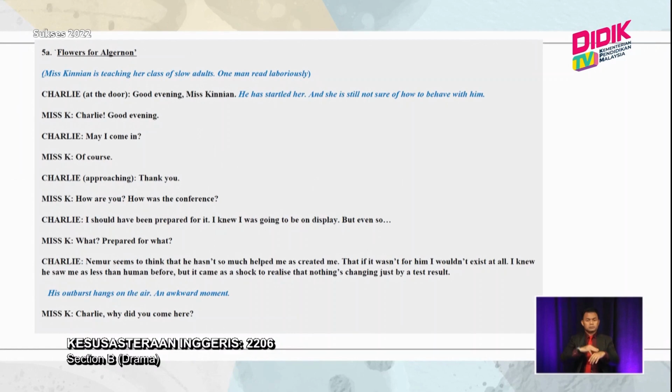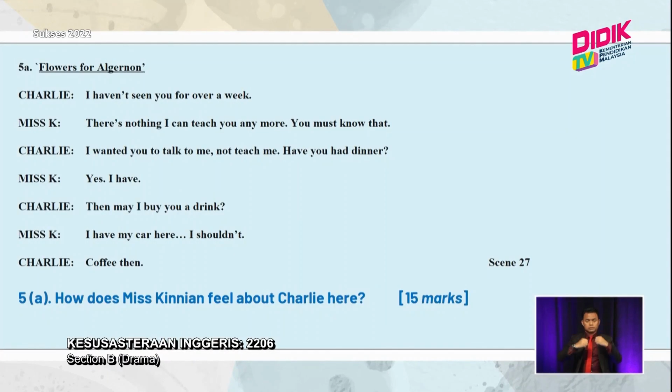He shouldn't be there anymore because his intelligence has tripled, and she's quite taken aback by his sudden appearance, so much so that she asks him, "What are you doing here?" And she's quite flustered when he says, "I'd like for you to talk to me, not teach me. Can we have dinner together?"